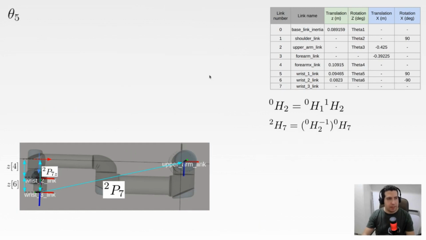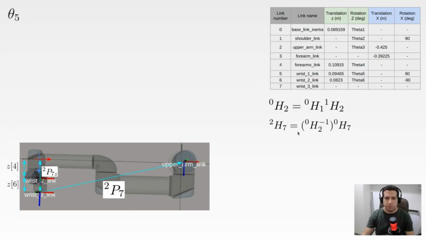And to find theta 5, first of all, you have to find the relationship between wrist 3 link to the upper arm link. It's not difficult because you already have theta 1. So if you have theta 1, you are capable of calculating the orientation and position of the upper arm link, that's frame 2, with respect to the link 0, that's base link inertia.